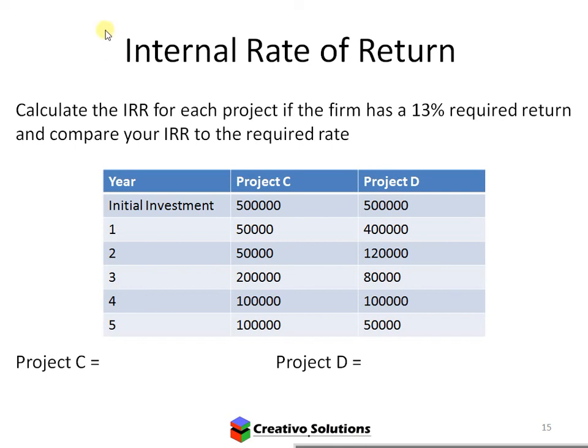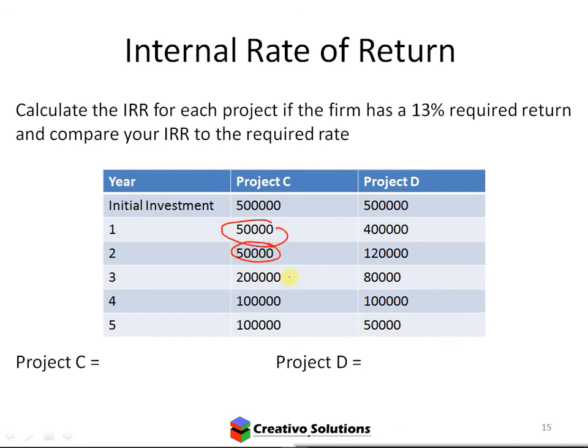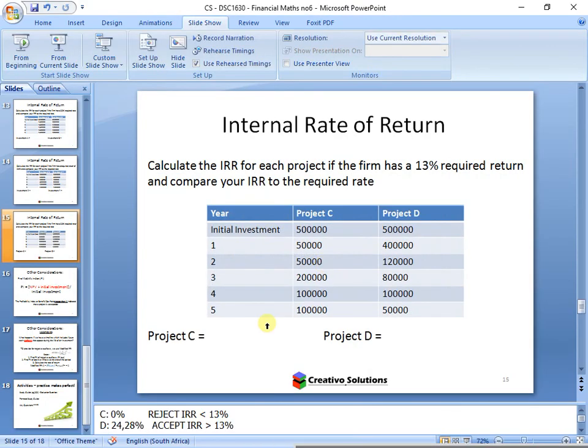Because it's equaling 500,000. Because if I add up all of this, have a look. What's 50 plus 50, plus that, plus that, plus that? How much do I get? 500. Is there an internal rate of return? No, because this project doesn't return anything. Okay. And then D?